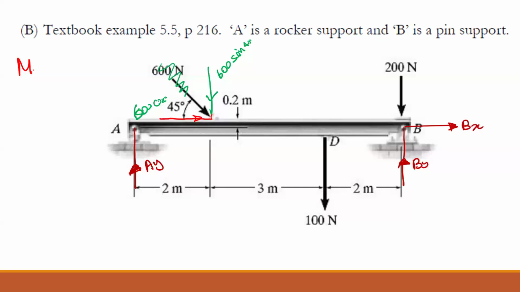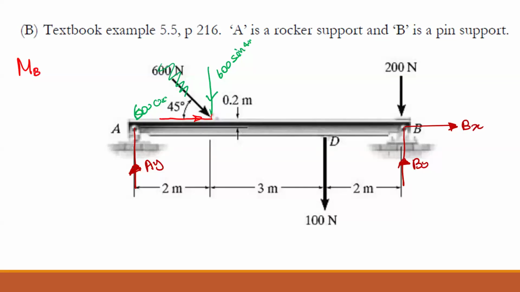So tell me, you have unknowns at A and B. Unknowns are AY, BY, and BX. So where we have more unknowns, at A or B? At B.